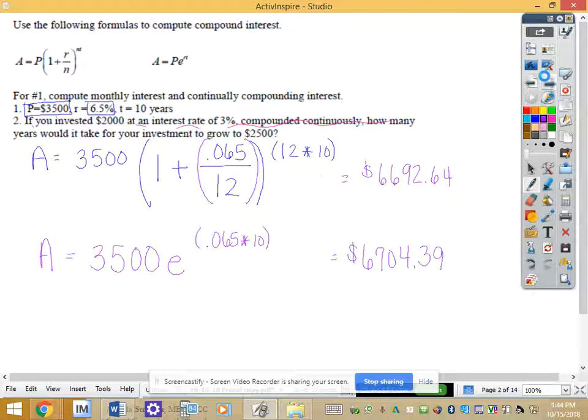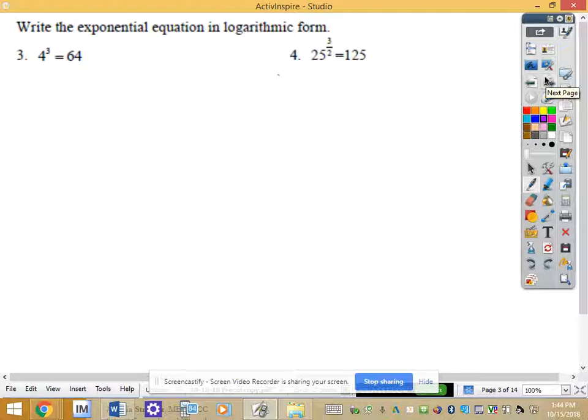All right, as we continue with this, the second part of this asks you to convert an exponential equation to a log equation. Now remember, the base here of your exponent is the base of your log. So this is log base 4.